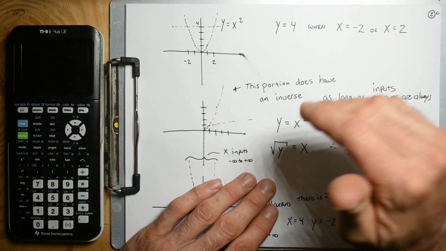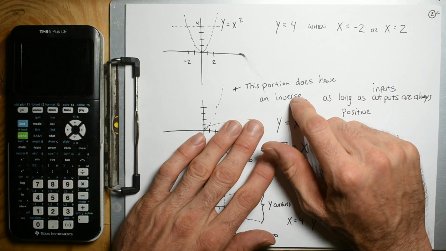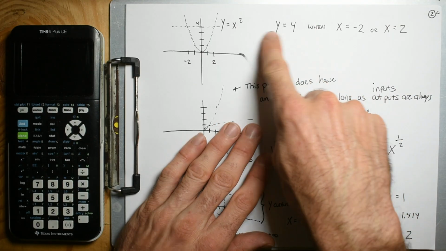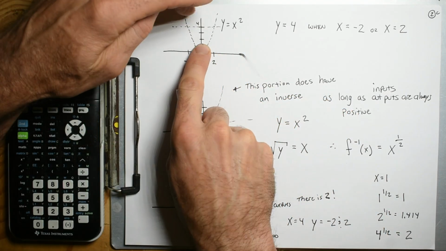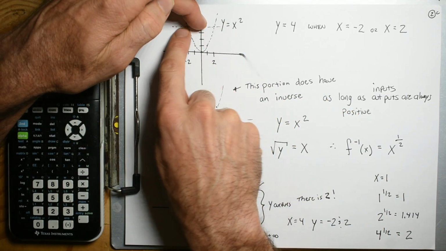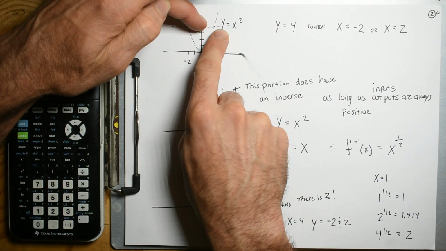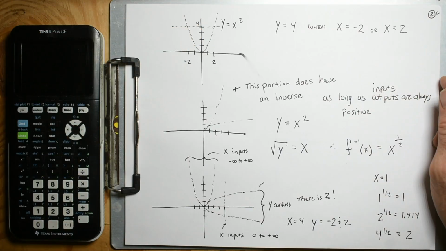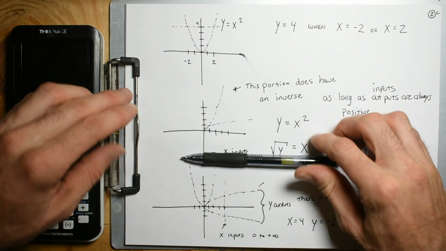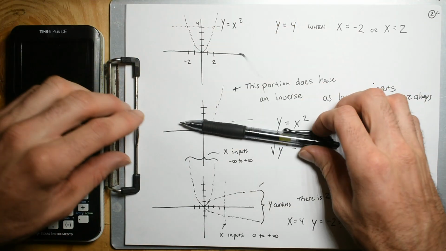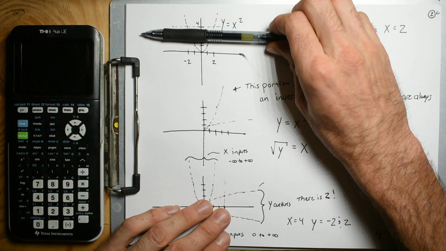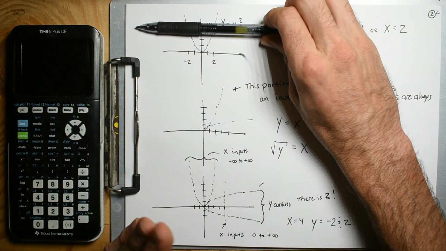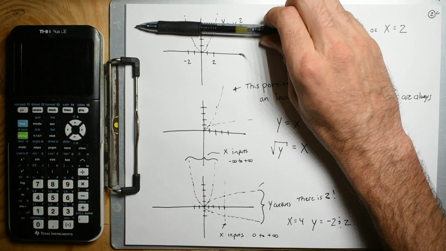But if I reverse that, and say y is equal to 4, what are my x values that hit? It's going to be -2 and 2. So this is the horizontal line test. We're starting with a function that's x squared, but if I take a horizontal line and it hits more than 1 point, then it won't have an inverse.